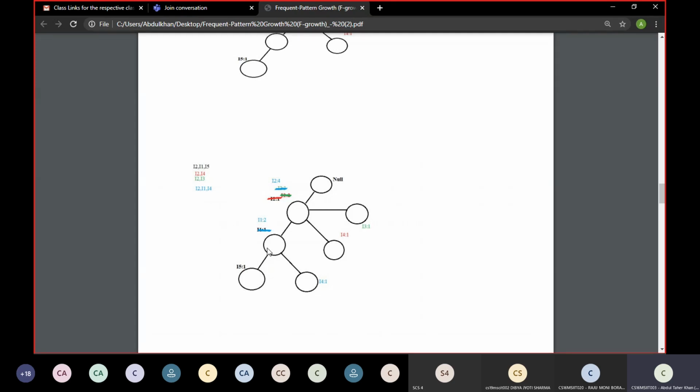Is there an I4 under I1? No, so we construct a new node I4 with an initial count of 1.